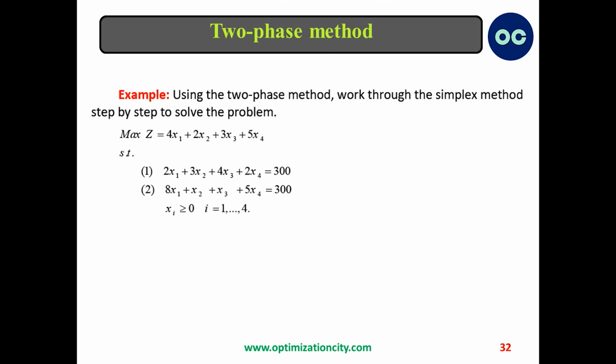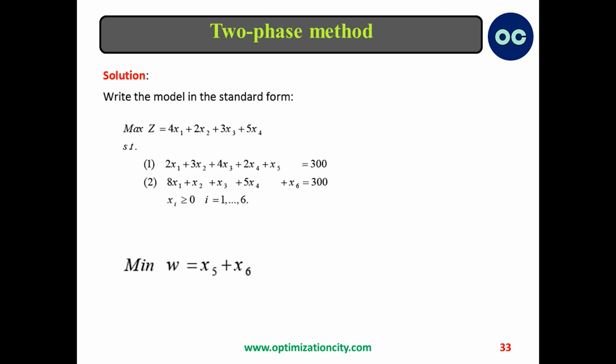Let's work through the simplex method step by step using the two-phase method for solving the following problem. We have the 4 decision variables and 2 constraints. We can write the model in the standard form as follows. We add the 2 slack variables x5 and x6.